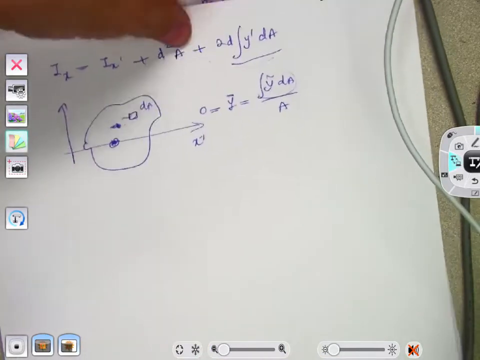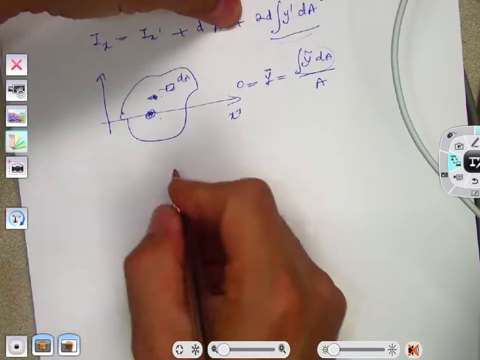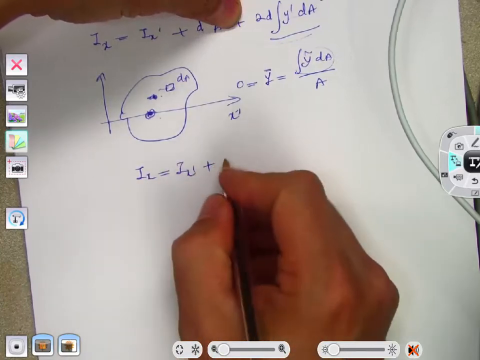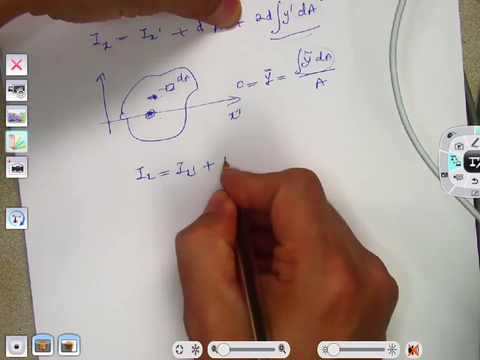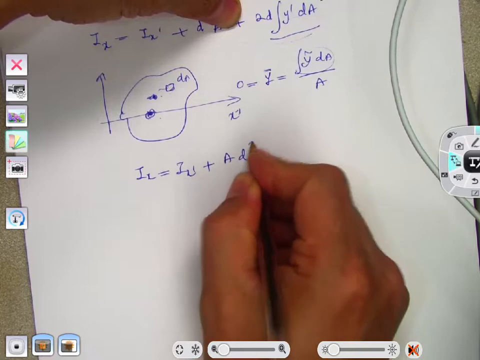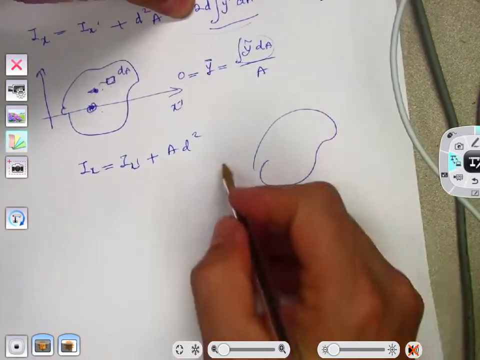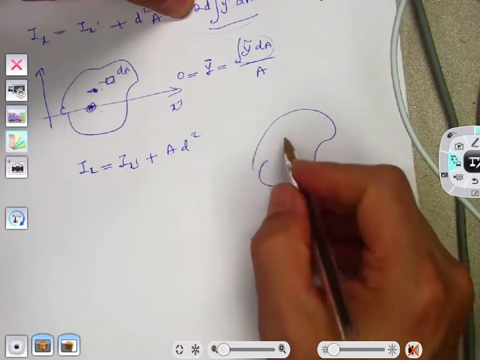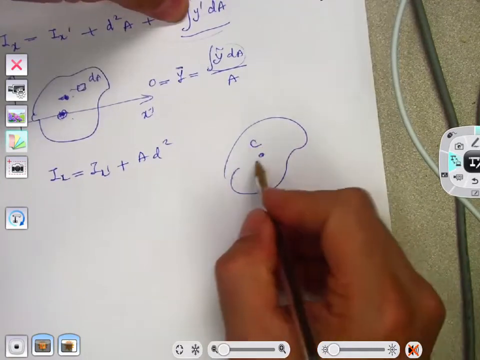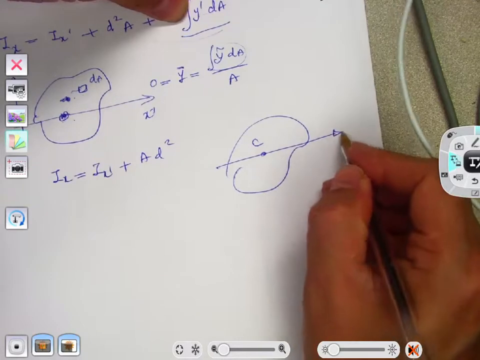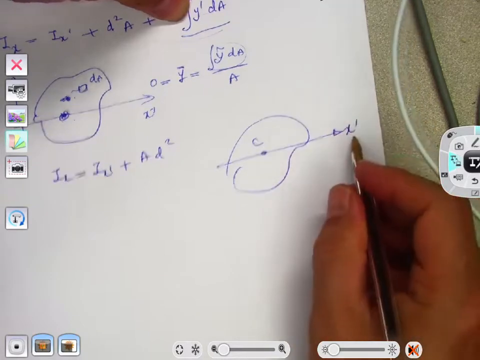So what we found is this. This is what I found. Okay, let me restate that. I have the centroid here. Let's say I know what the moment of inertia is about the x prime axis.